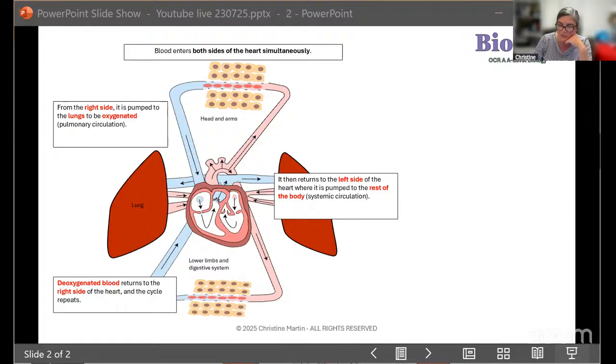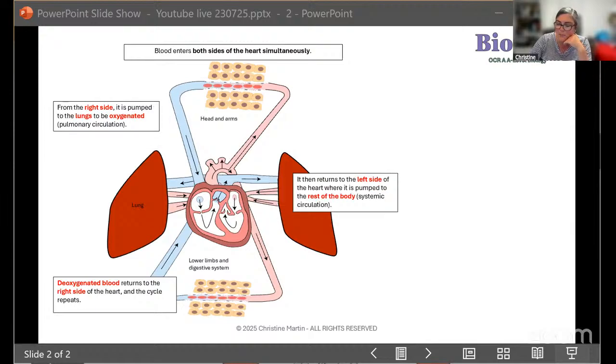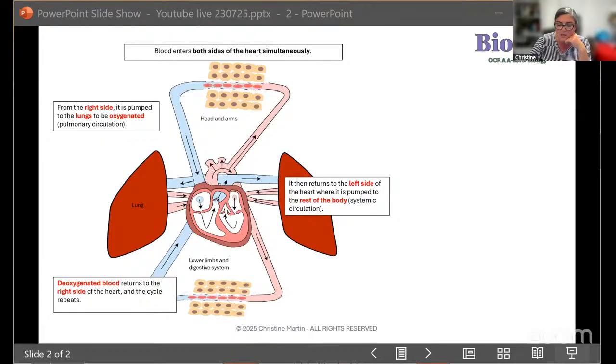I'm very much a visual learner, so I need what I'm looking at to make sense to me, and hopefully it makes sense to the reader as they look at the different structures. This is talking about the fact that the mammal circulatory system is a double circulatory system, and the fact that the blood is entering both sides of the heart simultaneously.